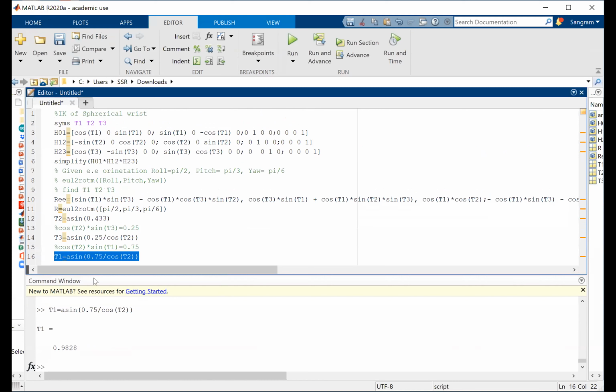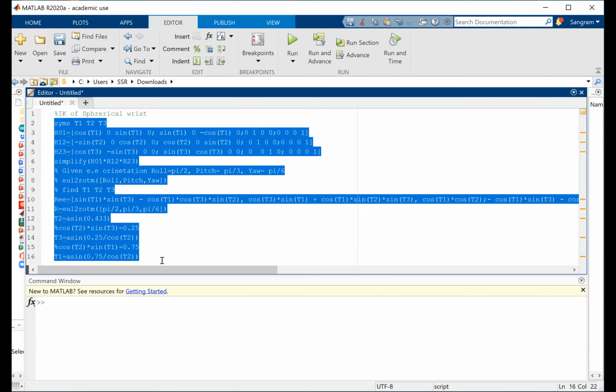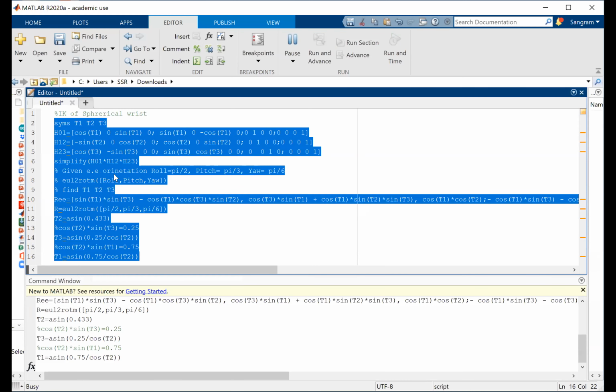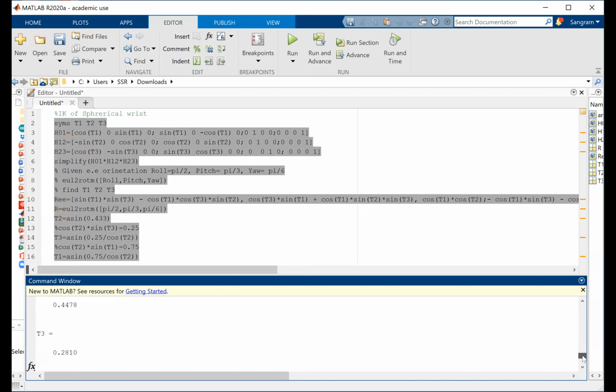So I will clear all, clc, and those T1, T2, T3 are in radians. That's why I told you not to use degrees in the initial stuff. So now you have T1, T2, and T3, and these angles are in radians.